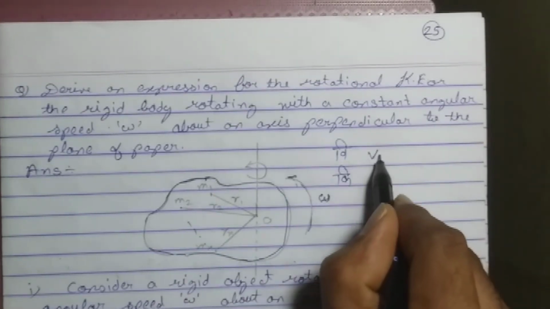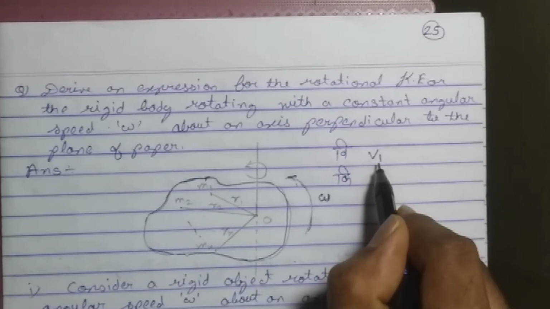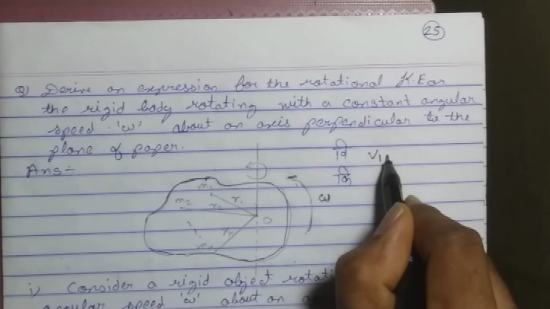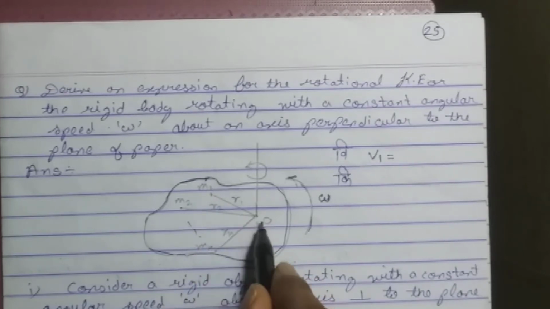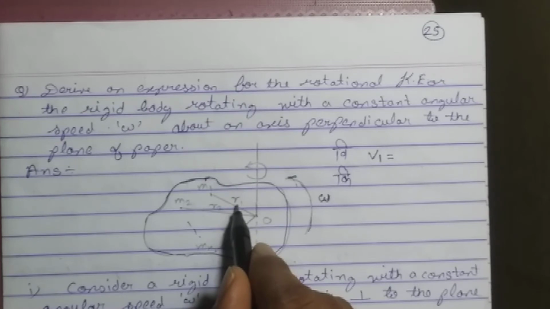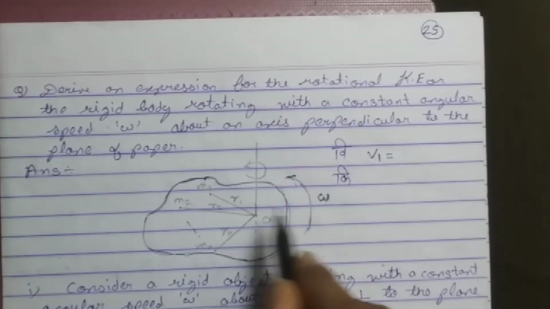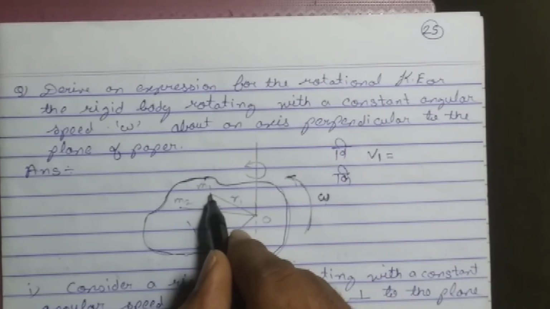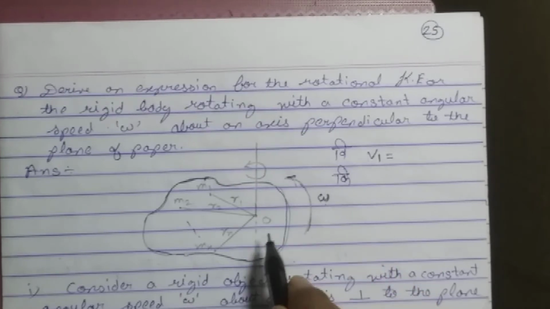First I will find the kinetic energy of the first particle. So I will find the linear velocity associated with the first particle whose mass is m1. This particle of mass m1 is at distance r1 from the axis of rotation. If the body is rotating with angular velocity omega, mass m1 also performs uniform circular motion with this angular velocity.